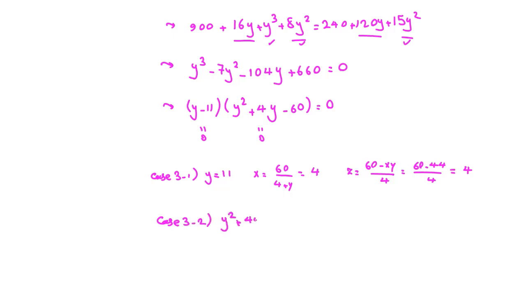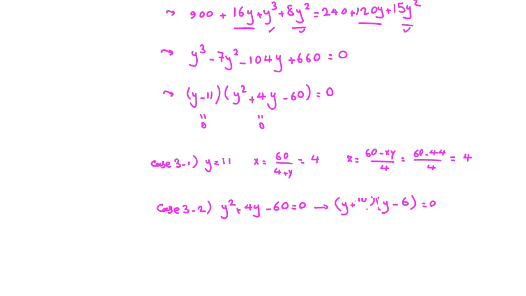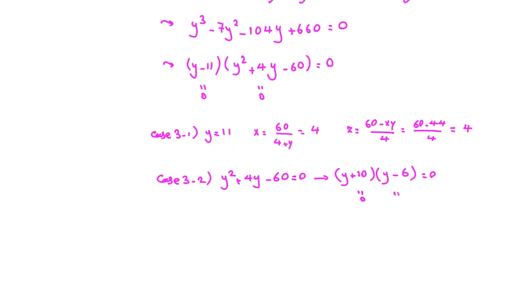y squared plus 4y minus 60 equal to 0. So we can factorize. Product is minus 60, sum is 4. So we can say plus 10 minus 6. Plus 10 minus 6, 4, minus 60. So this one is 0 or this one is 0.